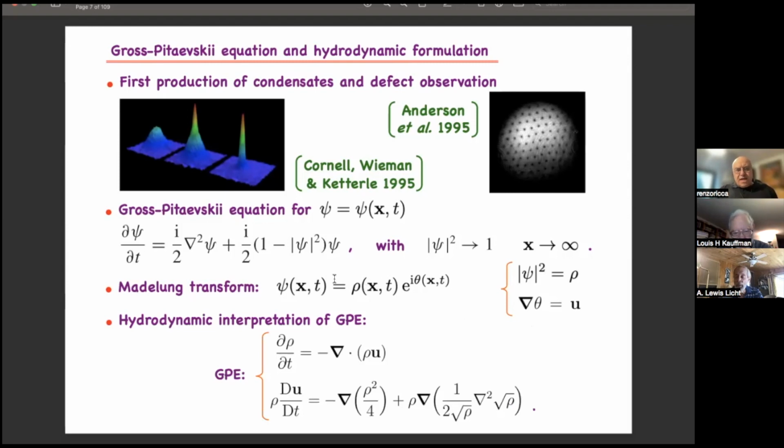Now, by using the Madelung transform, amazingly, we can reduce this mean field equation to this couple of equations by taking imaginary and real parts. One part gives us the continuity equation, which is exactly the classical continuity equation we have in fluid mechanics.